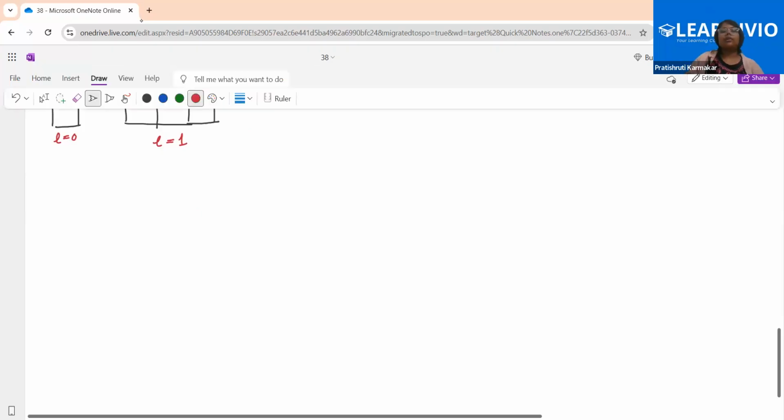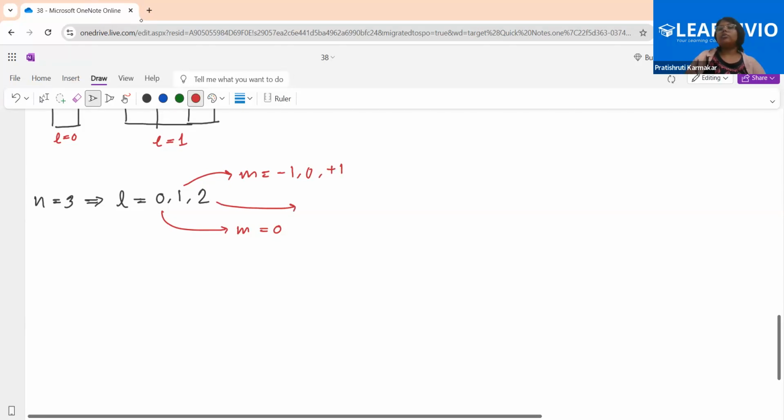Similarly, when we have n equal to 3, we can have L equal to 0, L equal to 1 and L equal to 2. For L equal to 0, the value of m we will get is 0. For L equal to 1, the values of m are -1, 0, +1.